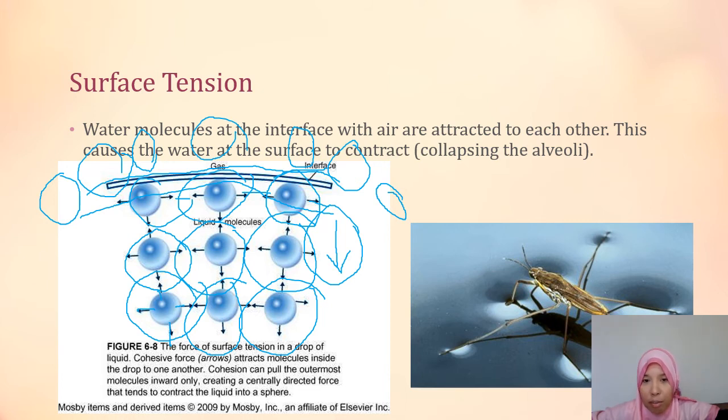That's why if you look at the photo on the right, you have this insect, and because of the surface tension produced by these water molecules at the surface, the insect can walk on the surface of the water.